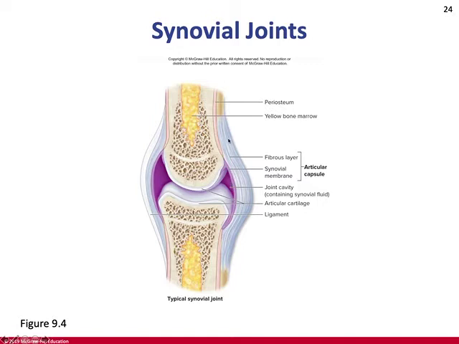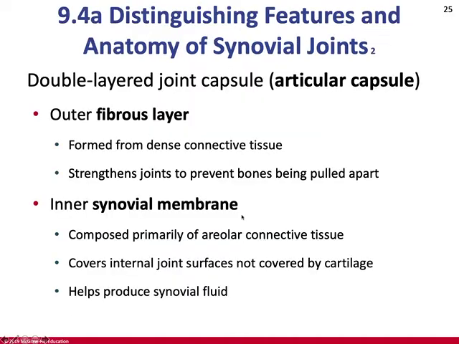And then out here, you've got the fibrous layer, which is dense, irregular connective tissue, resisting trauma and movement in many different directions. And as a result of the way the pieces fit together, you have a certain degree of movement. So that's the fibrous layer and the inner synovial layer.